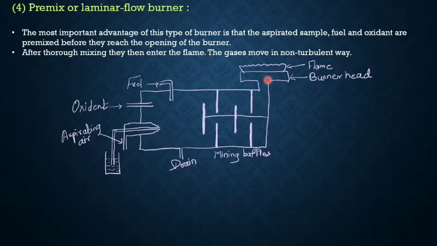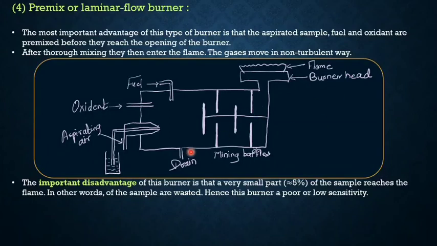We have already seen the disadvantage of the total consumption burner: it is noisy and turbulent. But in the premix burner, the oxidant, fuel and solution get premixed, and after that they reach the flame. So these gases move in a non-turbulent way. It is the advantage of the premix burner.